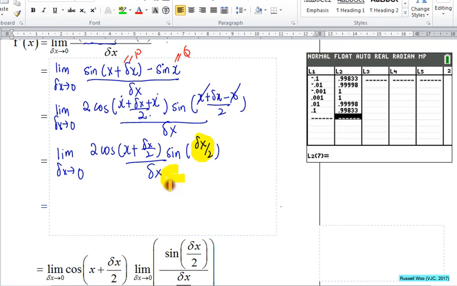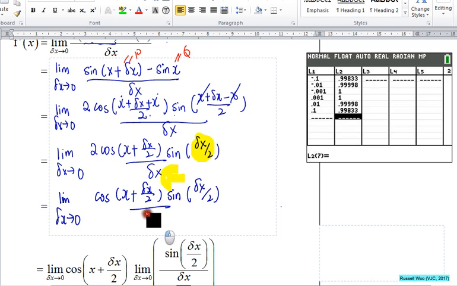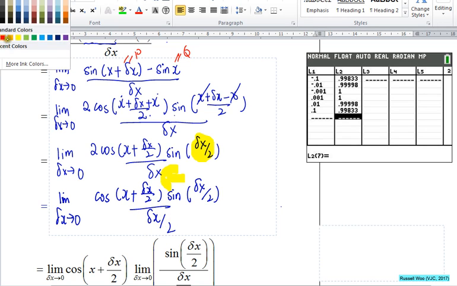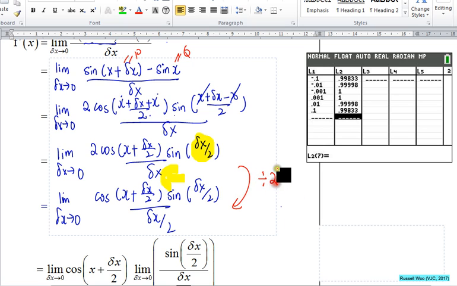I want the delta x over 2 to appear here. So what I will do is I divide numerator and denominator by 2, and the 2 goes.